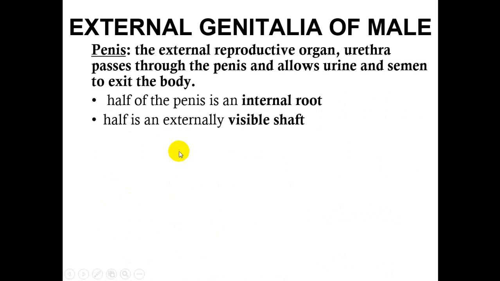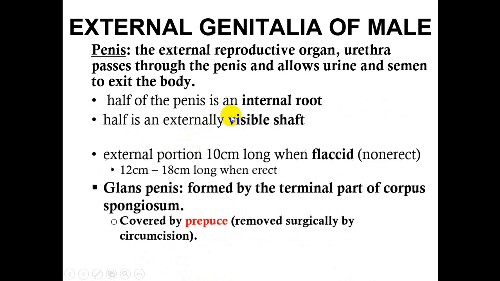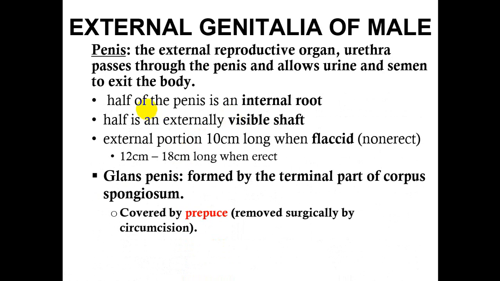Half of the penis is an internal root, whereas half is an external visible shaft. I will explain this one later, meaning that half of the penis is buried in the perineum, whereas half is what is seen, and the visible shaft is what enters the woman.